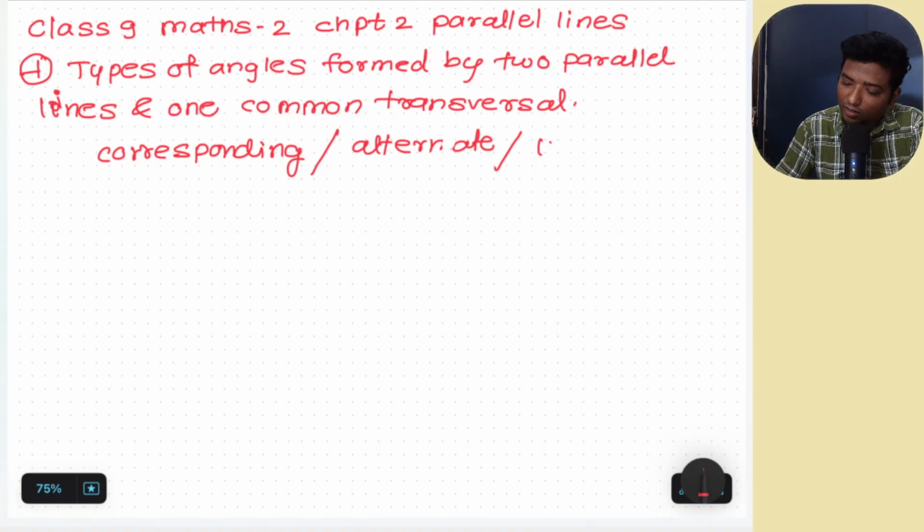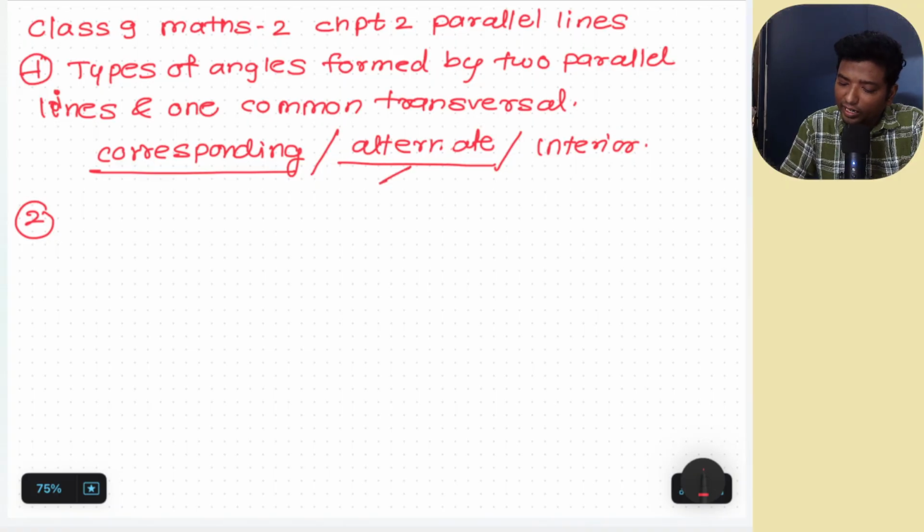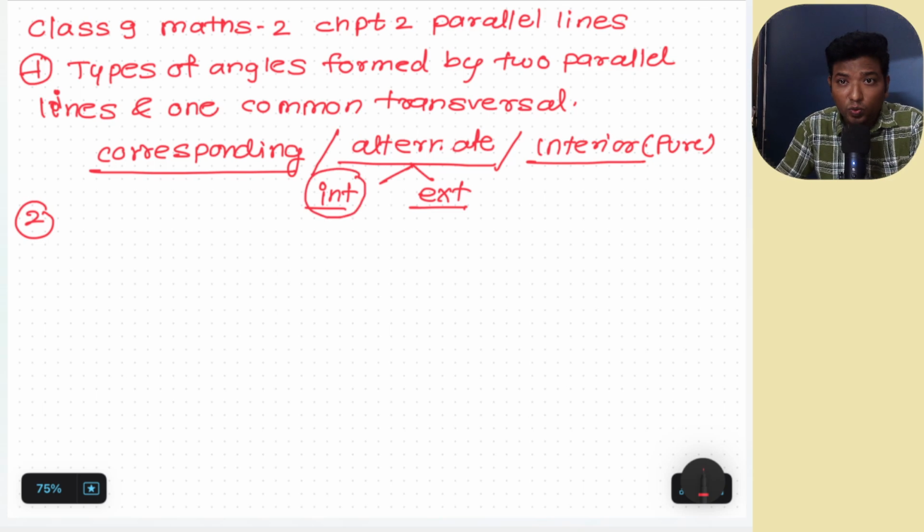Then there is a third type, interior. I often call this a pure interior, because students get confused between this interior and that interior. For the sake of understanding, not in the exam or while writing the paper, we add this word. That is pure interior.